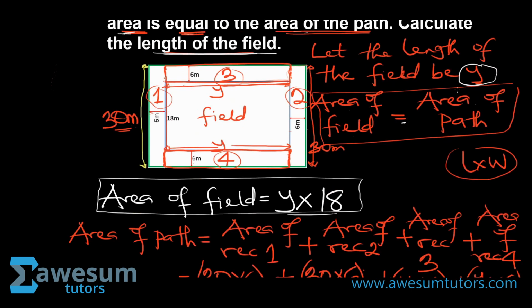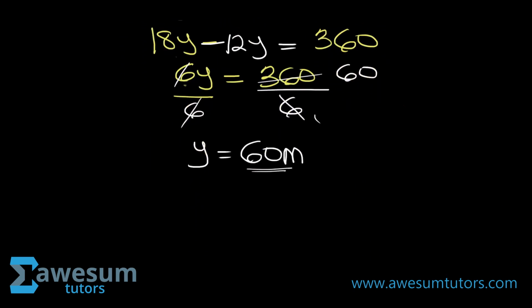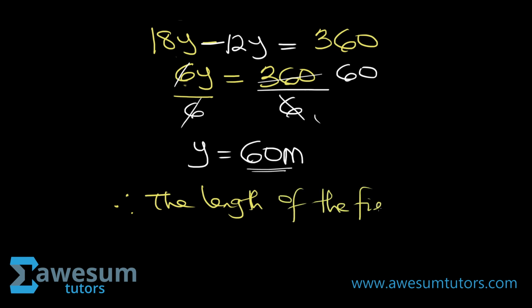We said y is the length of the field, which we already got to be 60 meters. Therefore, the length of the field is 60 meters. Very good, guys. That is your final answer.